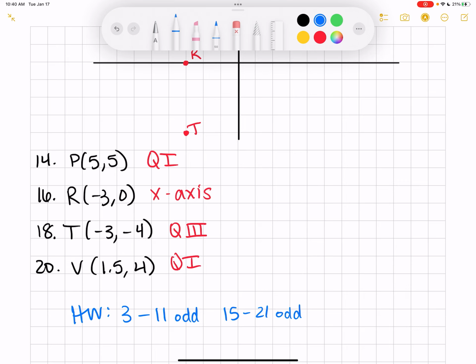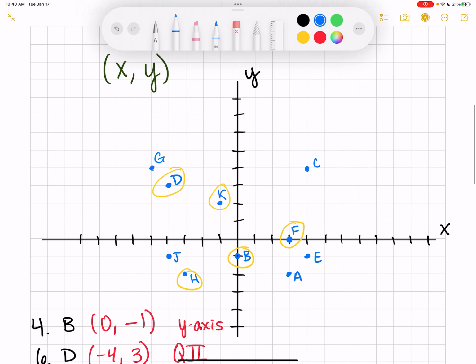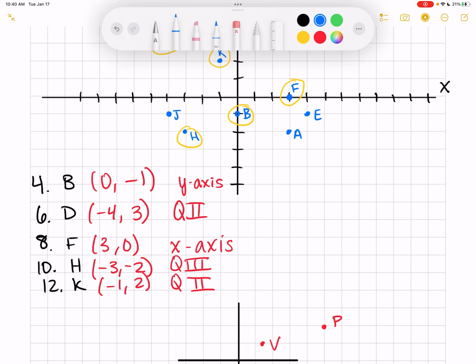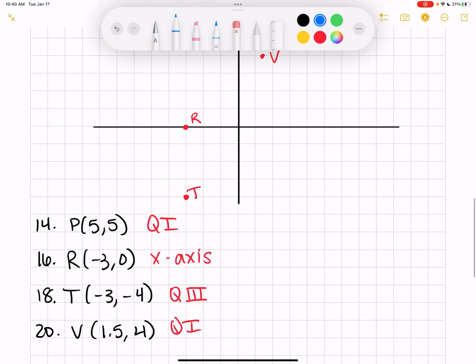If you already wrote 3 through 11 on here, just set it up like we had the 4 through 12, and then set up another graph like this. I don't really care if you put it on the same one, to be completely honest. Just label whatever 15 through 21, and do it the same way we did it. If you submit it all like that, that'll be fine.